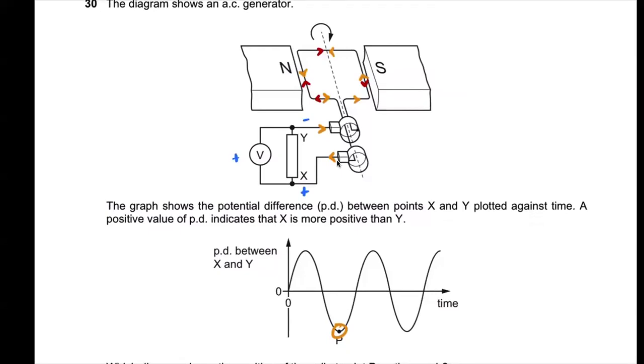So for this current to be flowing in this way, we now know the direction of the induced current. We also know the direction of the field. So using that, we can find out the direction of the force on this conductor. Now I just use my right hand rule because this is a generator.